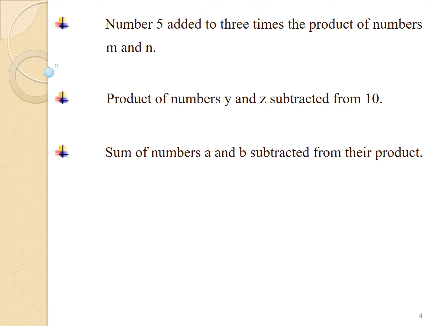Now, sum F. Number 5 added to 3 times the product of numbers m and n. Students, try to understand this statement. In this statement, first of all, we have to find the product of unknown numbers m and n.